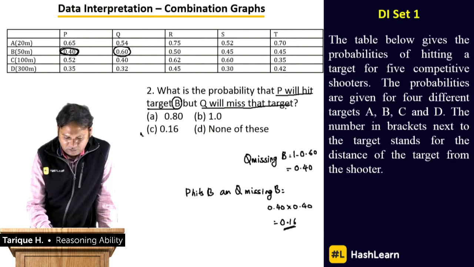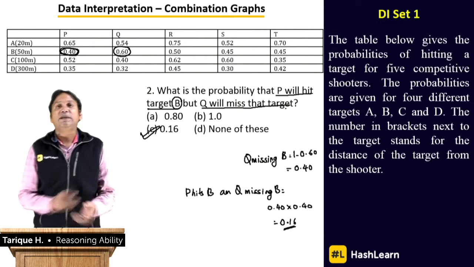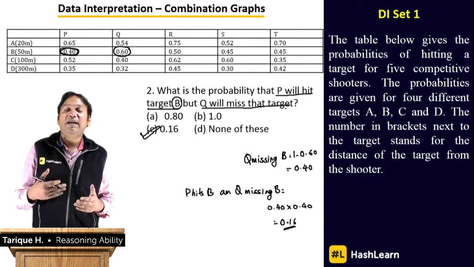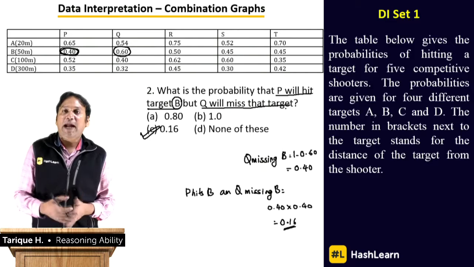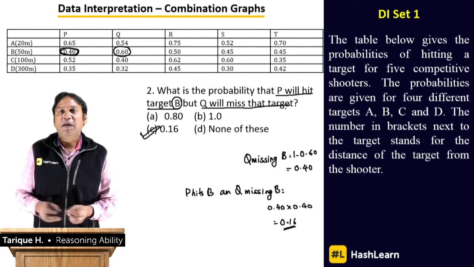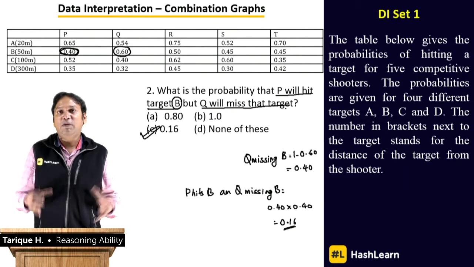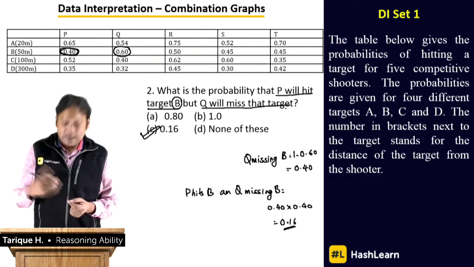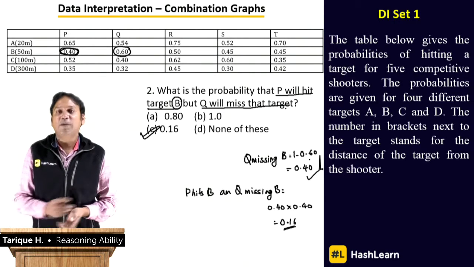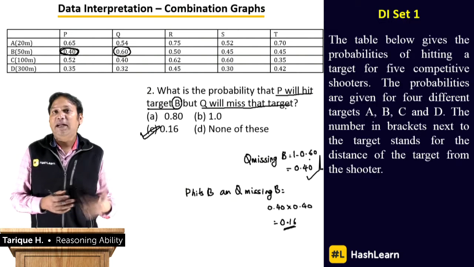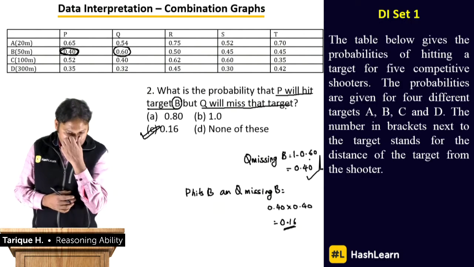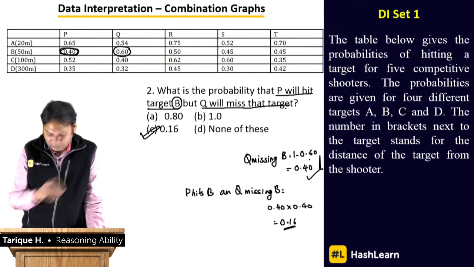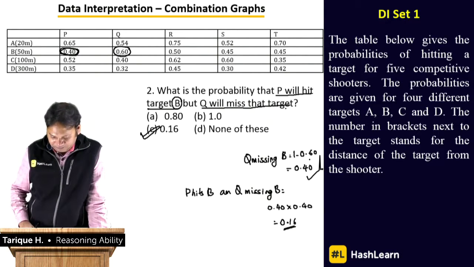So the correct answer would be C, that is answer option C. So we are going to multiply, because what is happening, two events are happening. One is that P will hit target B and Q must miss target B. So from the data given to us, first we find out the probability of Q missing the target, and that we know is 0.40, and then we multiply that with the probability of P hitting the target, which is also 0.40. Okay, all right, so this part is done.